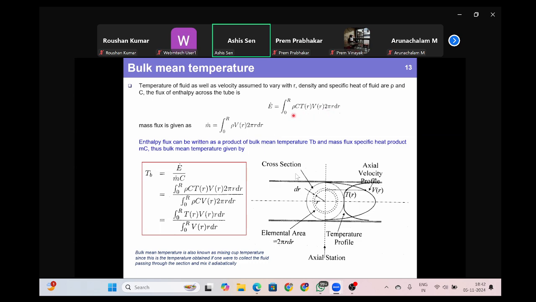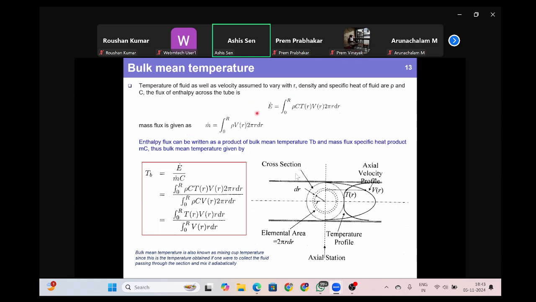Mass flow rate times the specific heat C times the temperature gives you the total heat energy contained in the fluid, and that is integrated from 0 to R. So this is the total heat energy contained in the fluid, or the total enthalpy of the fluid. This is the rate at which enthalpy flows through the tube.